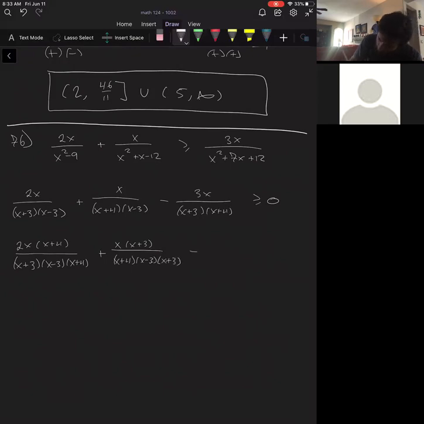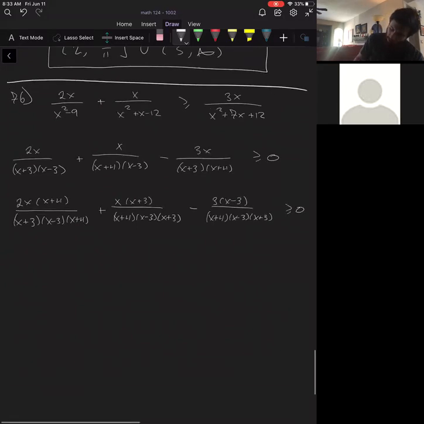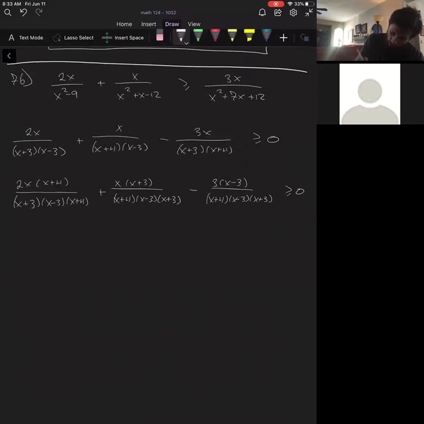And then this one will need an x minus 3 on the top. Okay, so now we have the same denominators. We can combine all the tops together. So we're going to have 2x, x plus 4, plus x, x plus 3, minus 3, x minus 3.